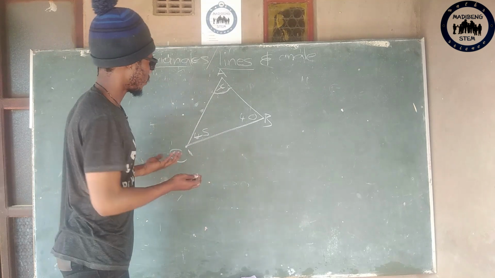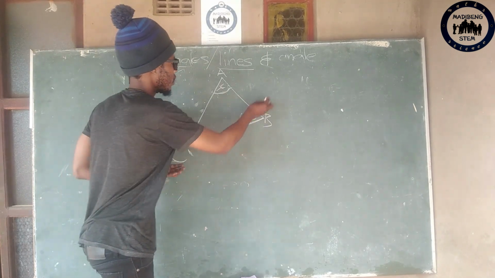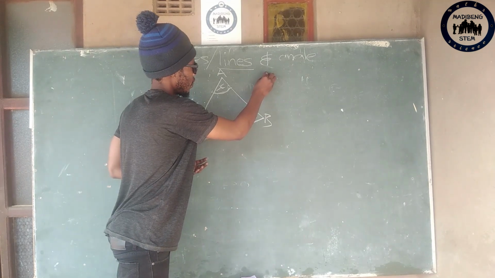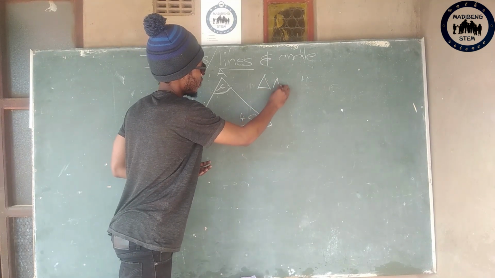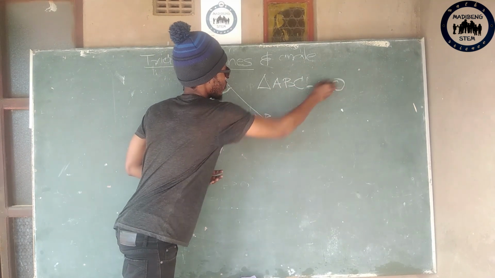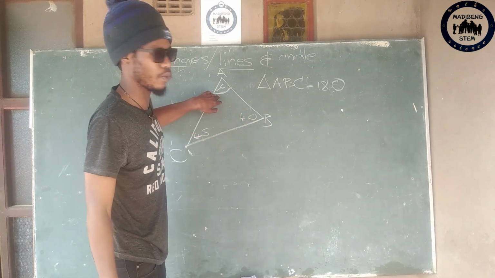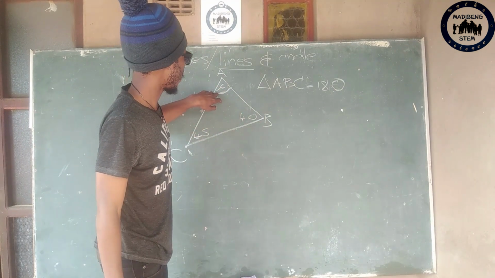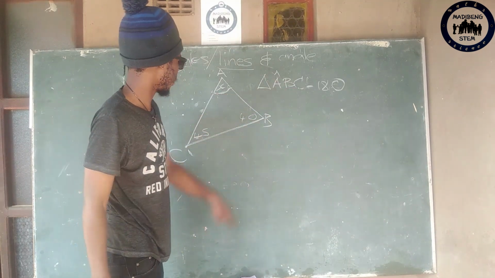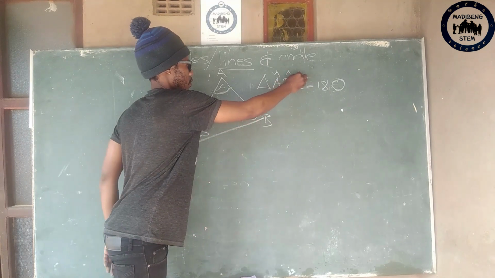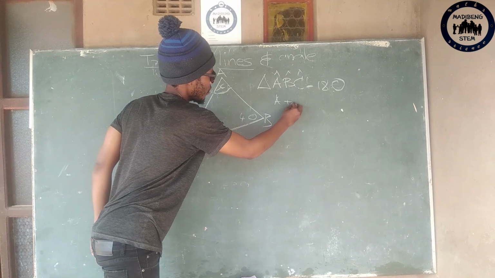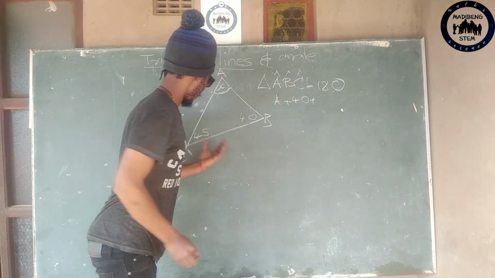So triangle A, B, C is equal to 180. We are looking for angle A. We have B and C. B is 40 and C is 45.